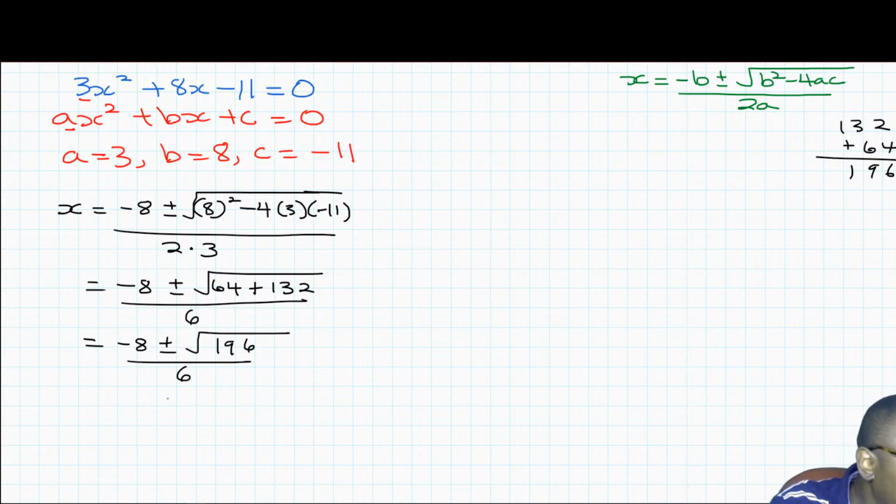So now let's go ahead and simplify all of this. We have negative 8 plus or minus 14 divided by 6.